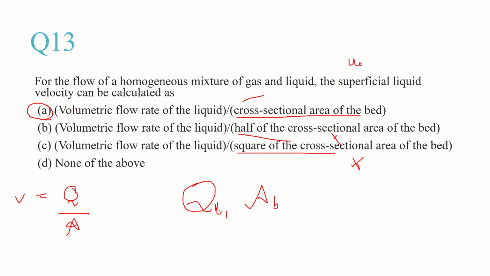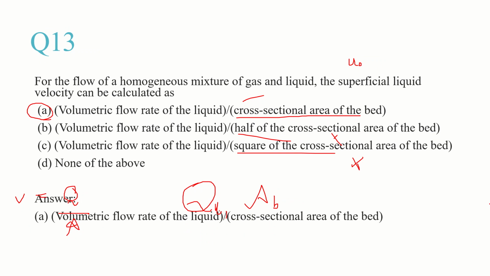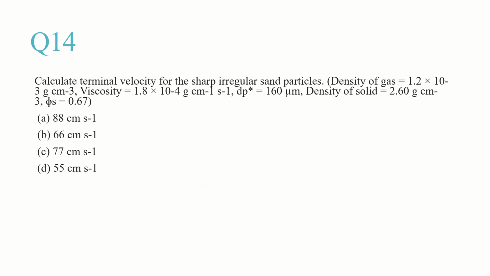So the answer to question 13 is option A. We are determining the velocity of the fluid by calculating the volume flow rate of the liquid divided by the cross sectional area of the bed. So now we'll go to question 14.